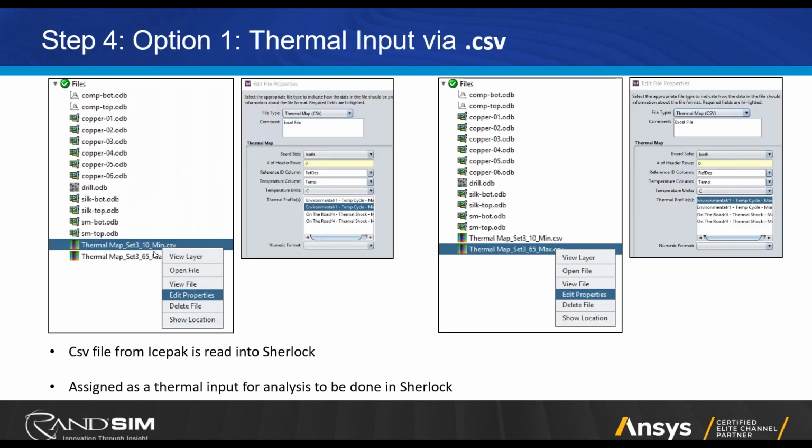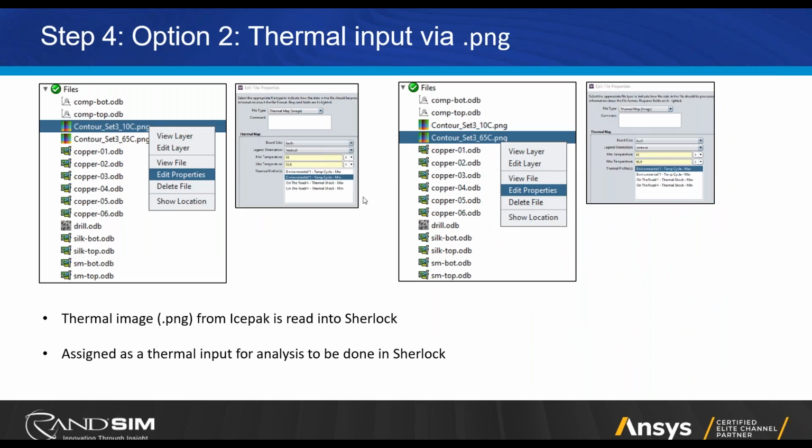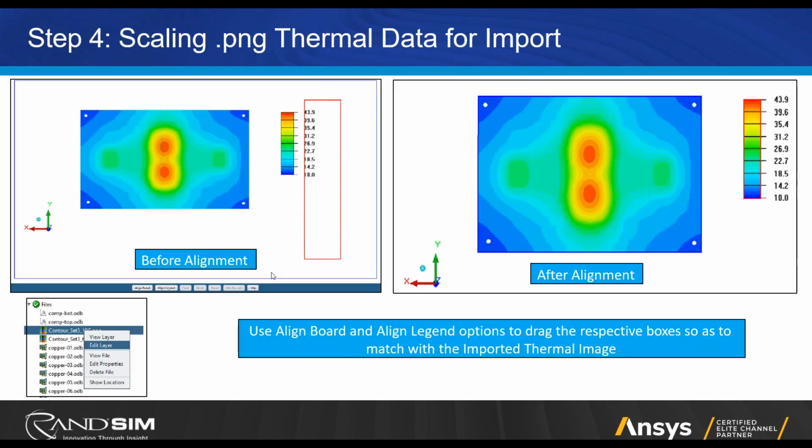So you could expand this as much as you like. You could have like 3 different temperatures, et cetera, and it will interpolate properly between the 2 or as many as you like. So similarly, we're going to do the same thing, associate this 10 degrees Celsius temperature contour with the corresponding portion of the cycle in Sherlock, and same thing with 65 degrees Celsius.